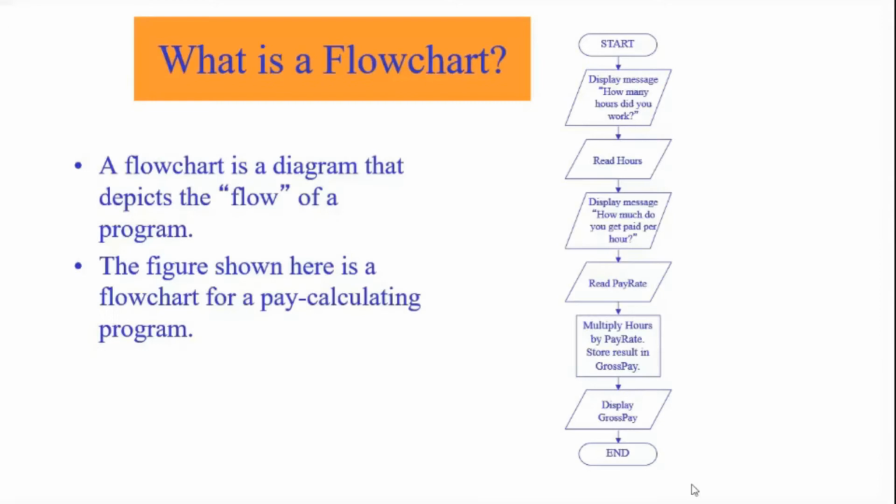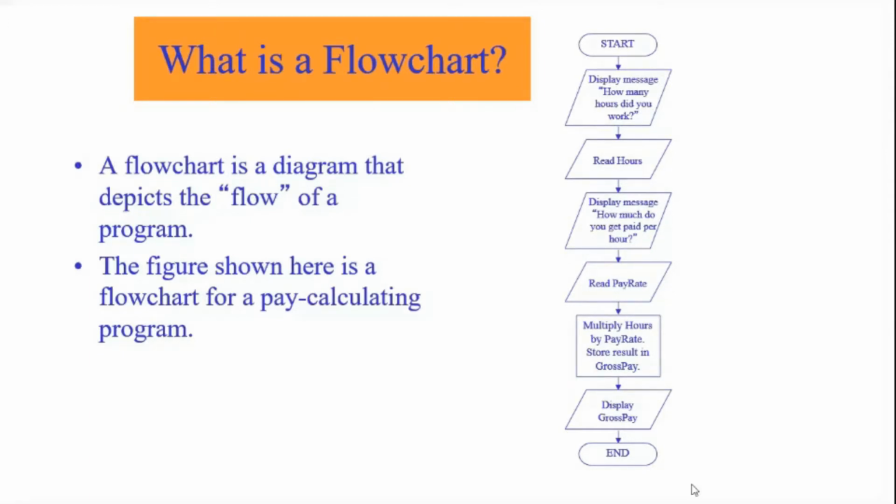A flowchart is a graphical representation of the program that is to be coded. It is a diagram that depicts the flow of a program, that is, how the control of a particular program proceeds. In this slide, there is a figure which shows a flowchart for a pay calculating program.